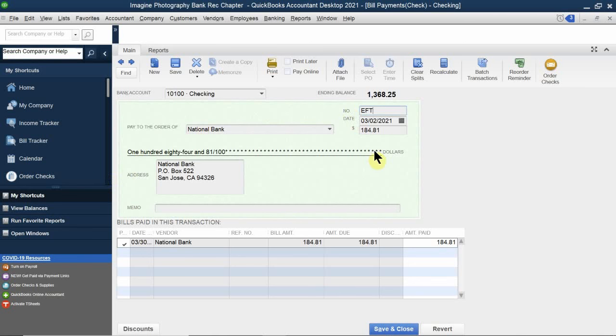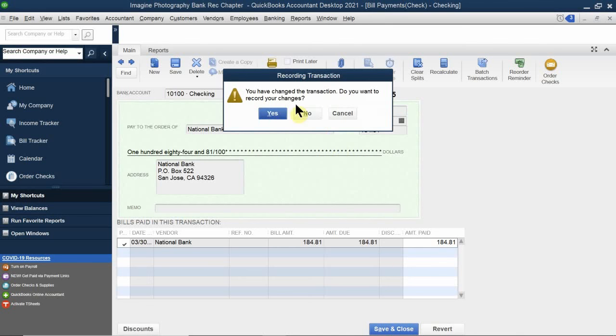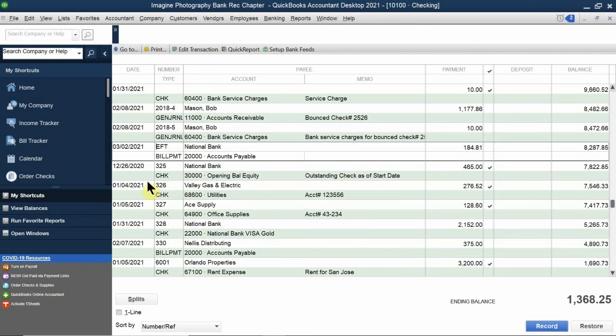So in this case, I did not use a check. I used my online banking to make a payment, so I use an EFT, and I can save and close. It's going to ask if you want to make changes to this. You just say yes. And there you go. Now it appears up here that it's been an online payment, but it still was a bill payment.